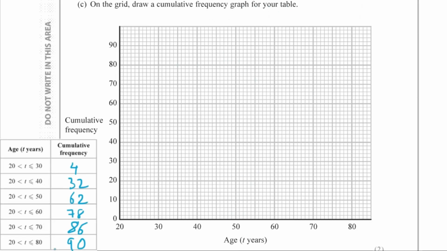So for part C, we're asked to produce a cumulative frequency graph for our table. We always start a cumulative frequency graph at 0. This is quite important. I've marked the numbers down as 4, 32, 62, 78, 86, and 90. It is very important that you mark the 4 on the right-hand side of the interval.